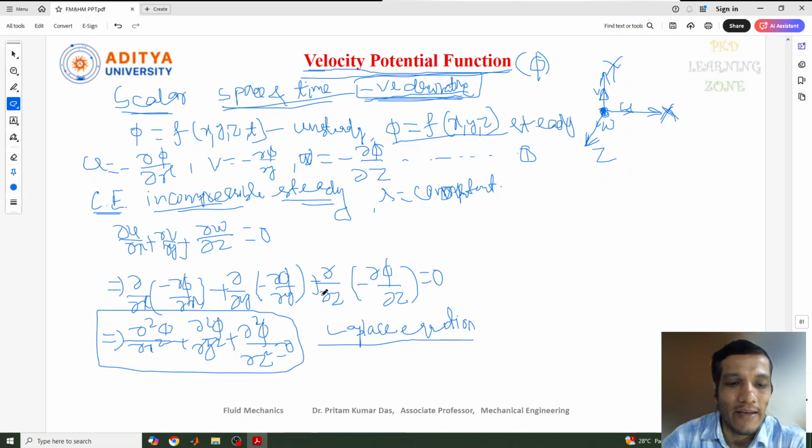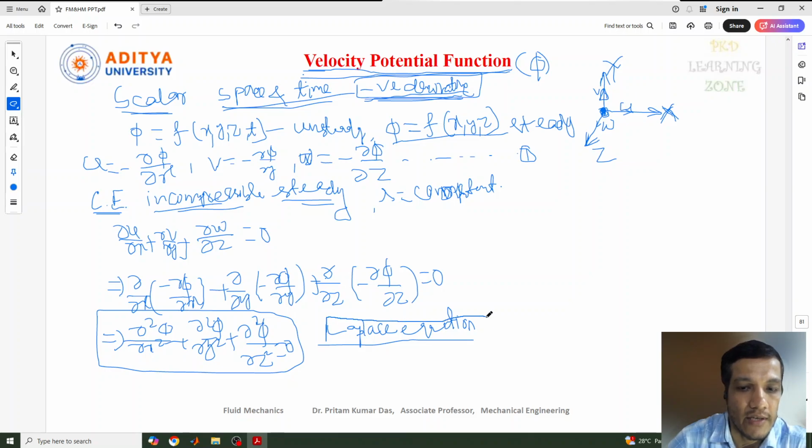Okay, so this velocity potential function will exist when it satisfies this Laplace equation. The velocity potential function will be valid if it satisfies the Laplace equation, or you can say in case of any kind of fluid this Laplace equation should be satisfied. This was the first condition.